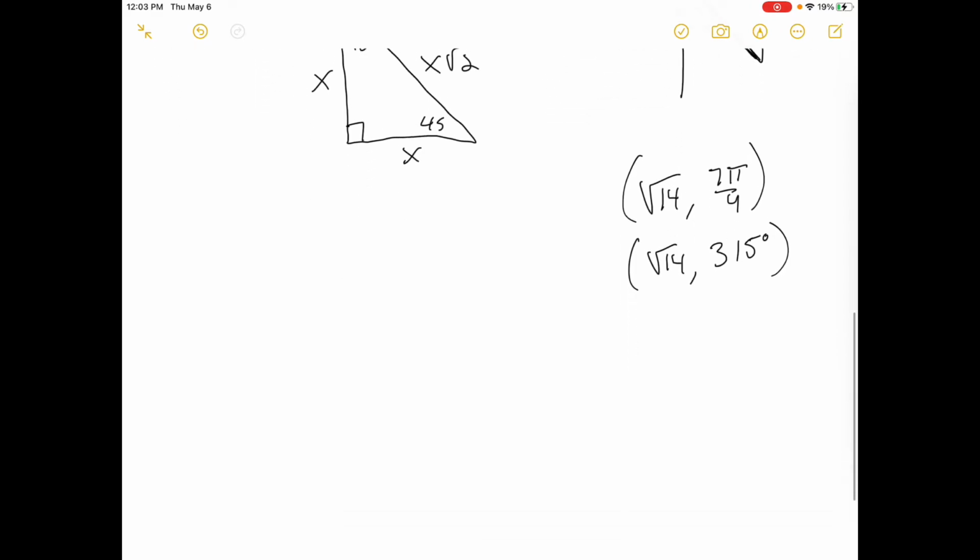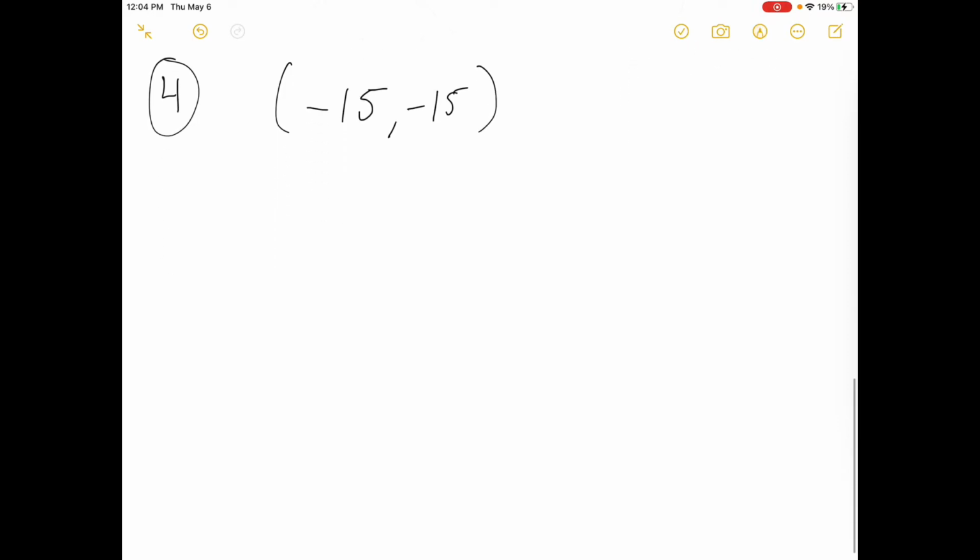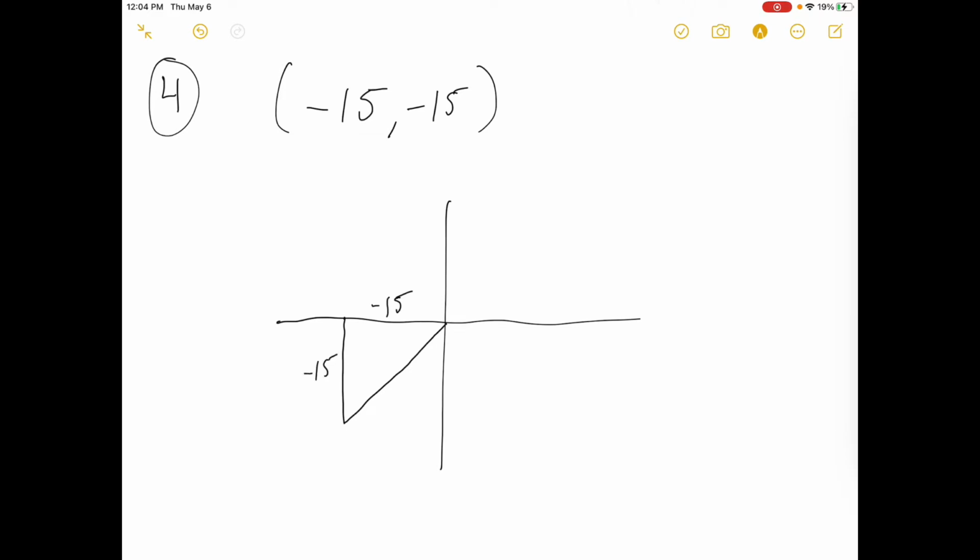Let's do another one like that. Say we have negative 15, negative 15. All right. So we know that's 3rd quadrant. And this is right in the middle of my 3rd quadrant.